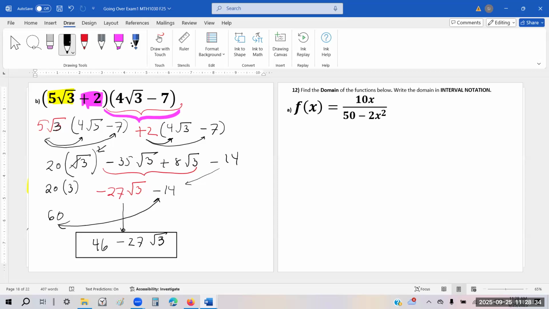You cannot plug in every number for your x here. So you're looking for what type of problem, or what type of phone you have, and what type of number you can plug in. So here you have a rational phone, okay? Now a rational phone can have every charger besides whatever makes your denominator 0. That's the problem. What makes the denominator 0?